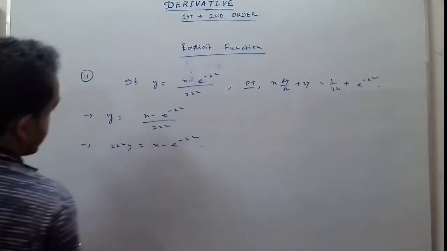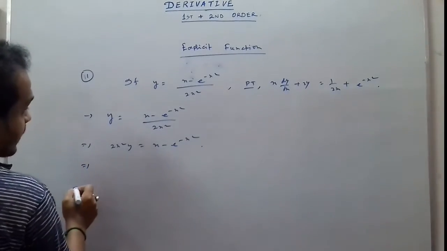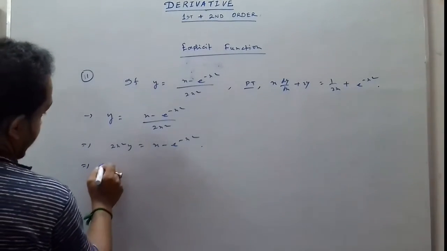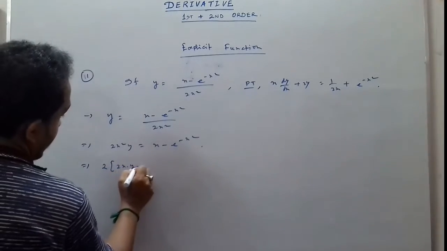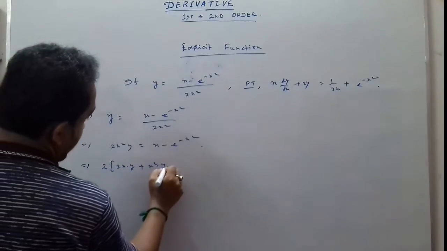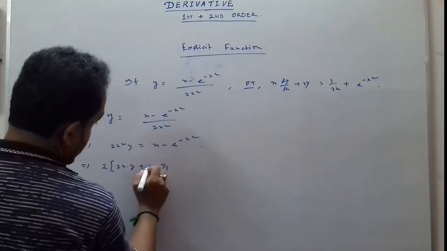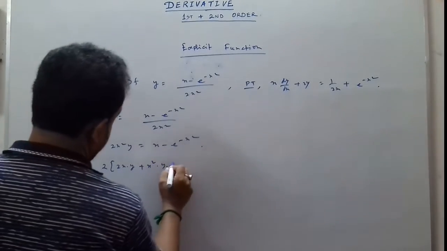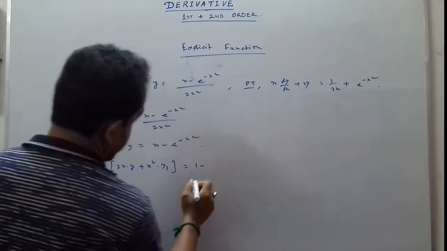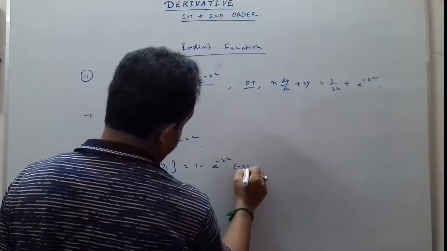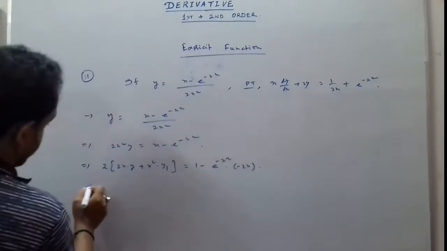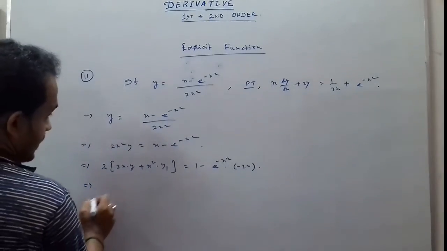x square. Now differentiating with respect to x we get 2 into 2x into y plus x square into y1 is equal to 1 minus e power minus x square into minus 2x.